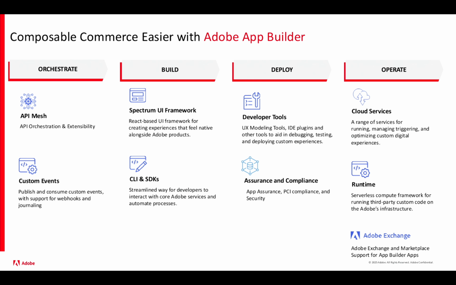This platform is used across the entire Adobe DX and DME as well. So that's why we are getting way more investment, not only from the Adobe Commerce organization, but from the entire Adobe.